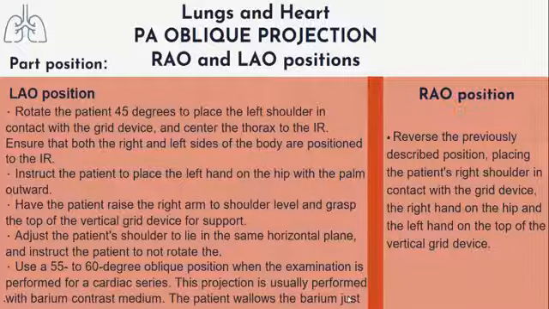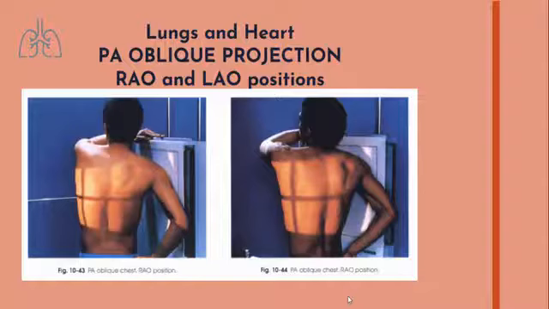This projection is usually performed with barium contrast, and the patient swallows the barium just before the exposure. For the RAO position, just reverse the previously described position, placing the patient's right shoulder in contact with the grid device, the right hand on the hip and the left hand on the top of the vertical grid.